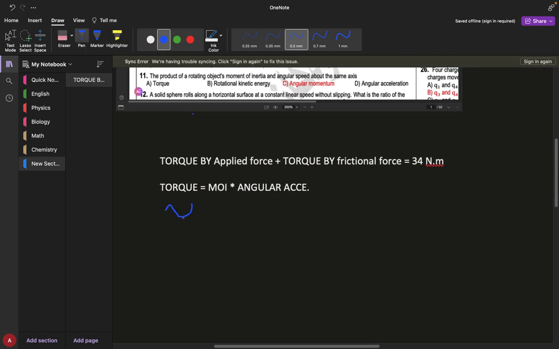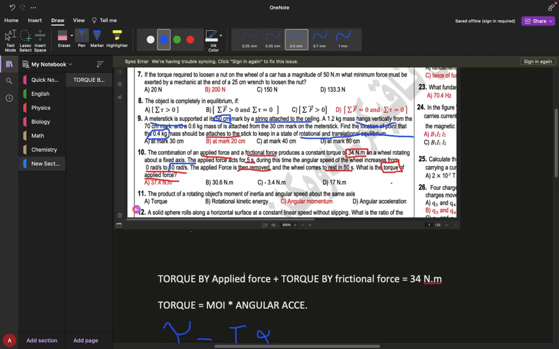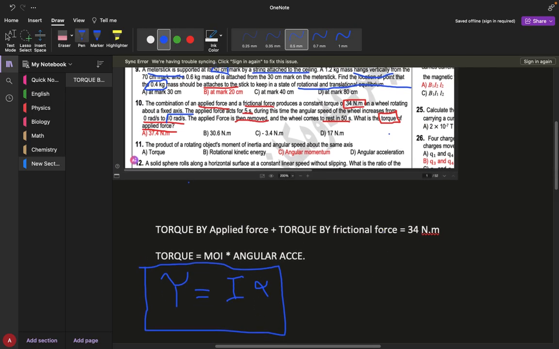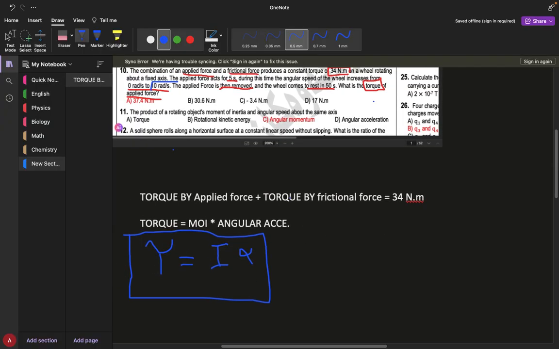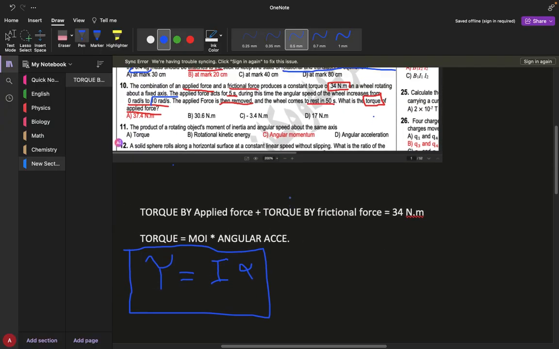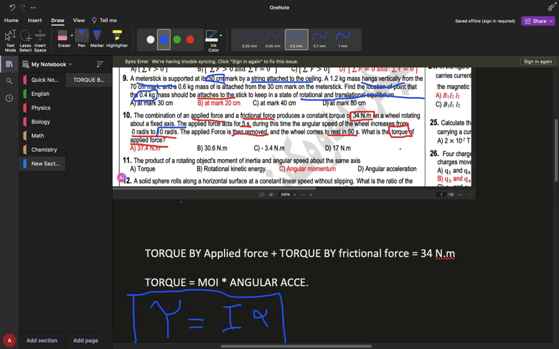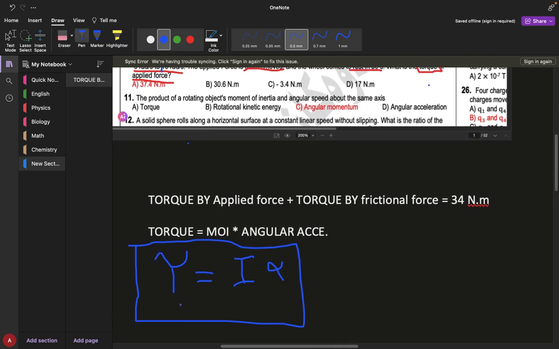So torque is I alpha. Why did I deal with this? It clearly talks about angular acceleration, so I'm not going to use torque equals F times d. And since it says the net torque, the combination of both of them, in the book it says torque net.